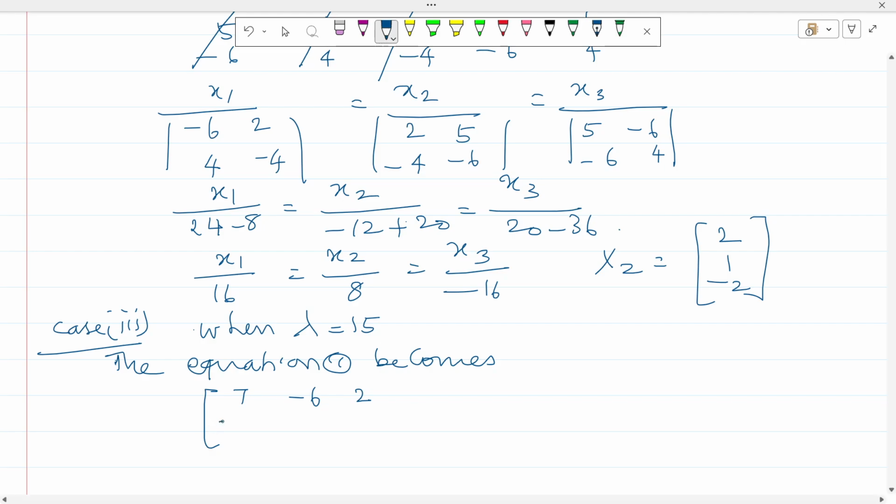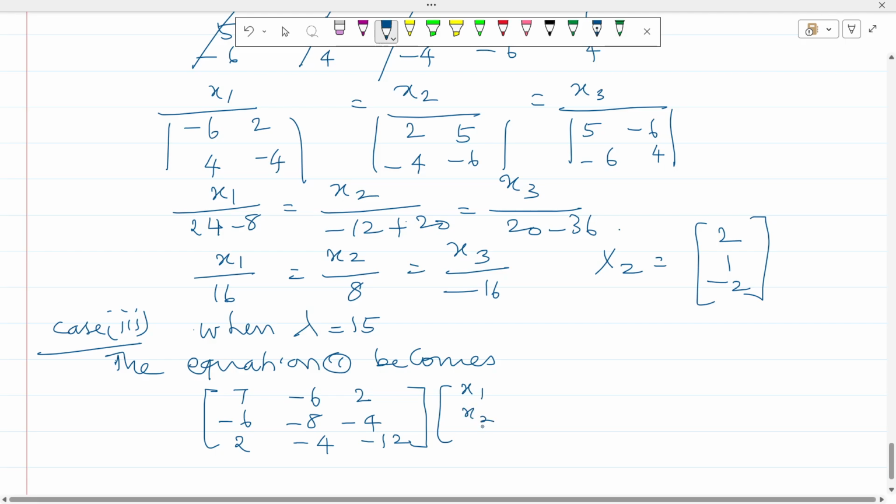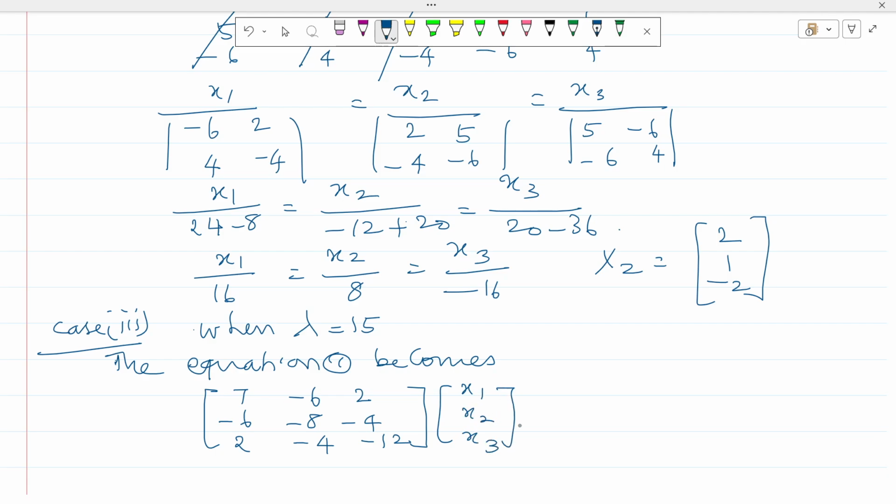Second one is minus 6, 7, minus 4. Last one is 2 minus 4, 3 minus 15. Multiplied by x1, x2, x3 equals 0, 0, 0.